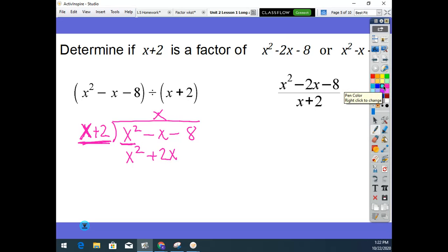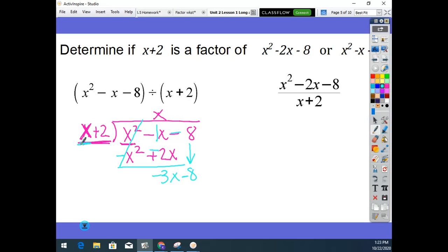Now, I always say when you draw the line, change the signs, because remember, our next step's always subtract. We have to subtract all the way across. You always should cancel out the front part. Now we're going to combine like terms. -1, -2, -3x. Bring down 8. And it's a -8, so bring the negative down with the 8.